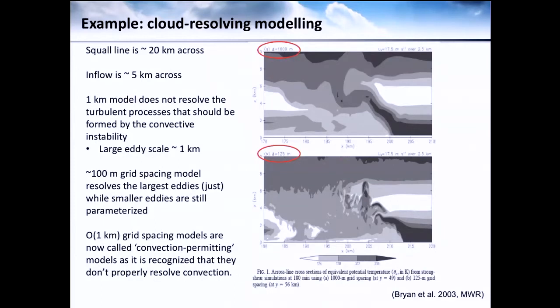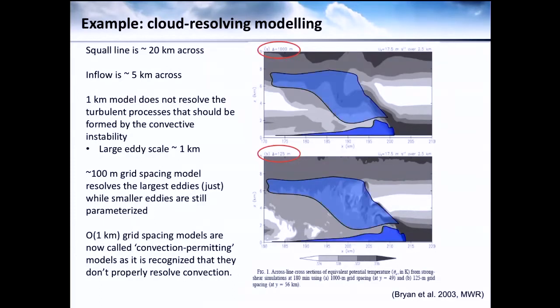Okay, so there's a really famous paper by George Bryan who looked at how clouds are resolved by what we used to call cloud resolving models. Go back 15, 20 years, people said, all we need to do is get to 1 kilometre grid spacing in our models and we can resolve clouds and everything's going to be okay.